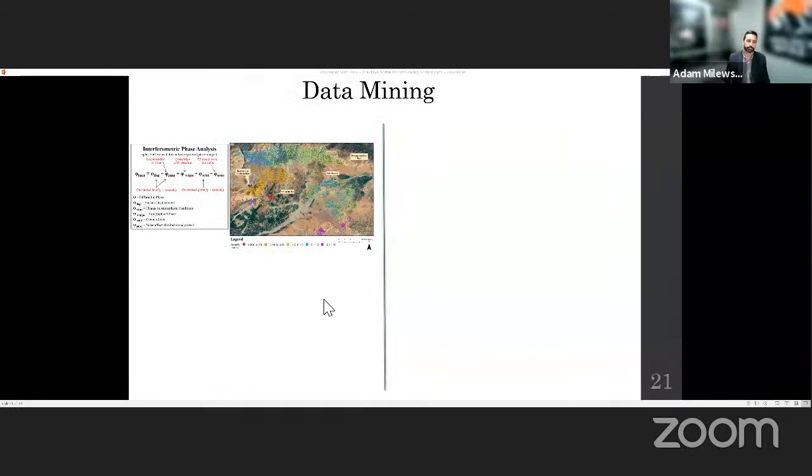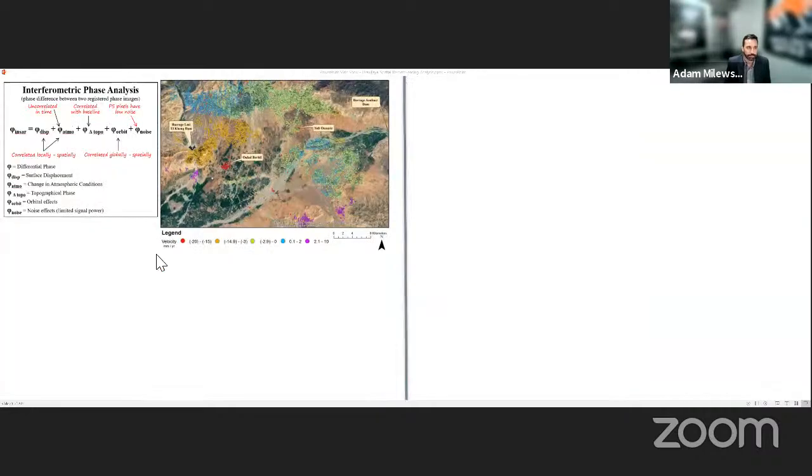Okay, so the land subsidence isn't by GRACE. We use a radar image. And if you recall in radar images, as I mentioned, I'm going to zoom in here. With radar images, we're looking at something called a backscatter. The way that works is we use something called interferometry, or an interferometric phase analysis.